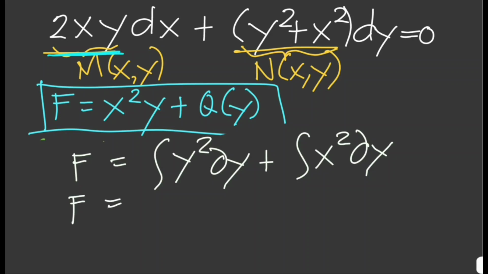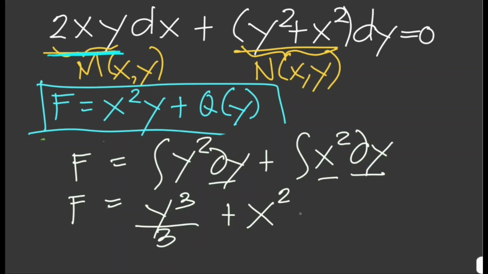And since we are dealing with partial derivatives with respect to y, all of the terms other than y would be considered as a constant. So x squared here is a constant. So we get the integral of y squared dy, which is just y cubed over 3, plus the integral of a constant, x squared, which is x squared y plus a constant, the constant c.